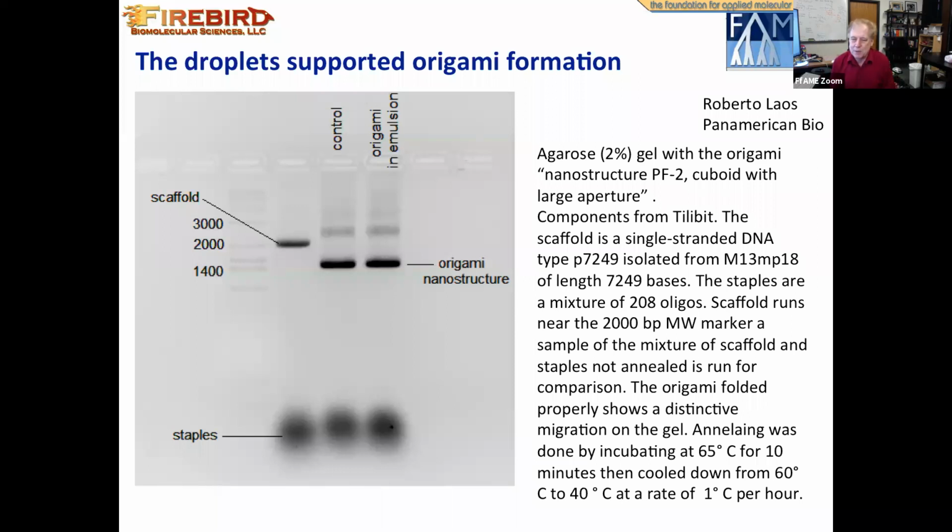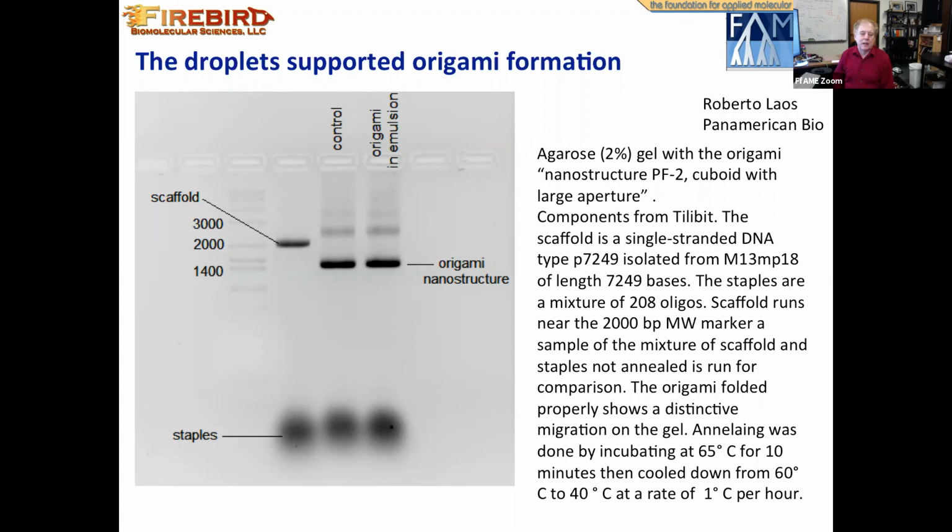This one happens to be a cuboid. You can actually buy these components from a company called Tilibit. And you fold the origami by using staples that bind to one side and to the other side of this large circular M13, MP18 viral chromosome. And we can form it.